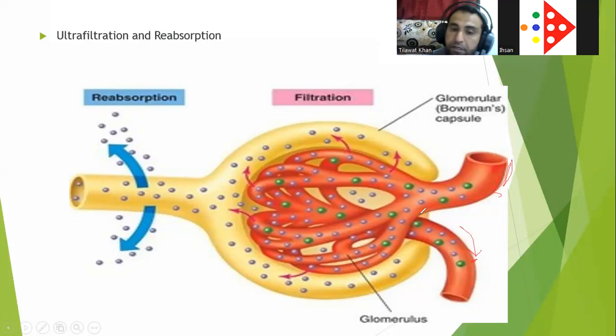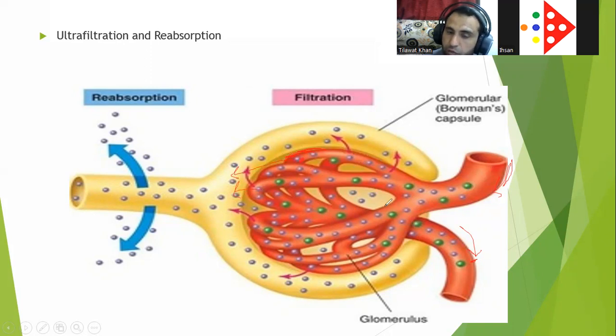Now, the afferent arteriole is taking blood toward here. The membrane of these capillaries is very thin and more porous. Pores are there. So under high pressure, the small molecules from your blood will go to this Bowman capsule.